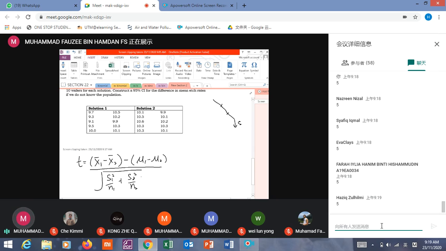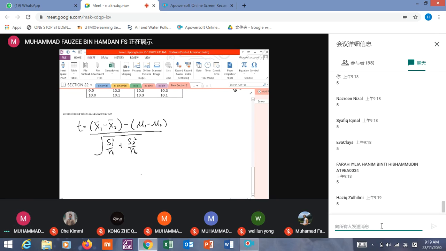This is the formula, followed by t with v. There is a formula for v, the degree of freedom. I don't know the degree of freedom formula by heart, but you can refer to the list of formulas. There is a formula v, or degree of freedom, for this case.